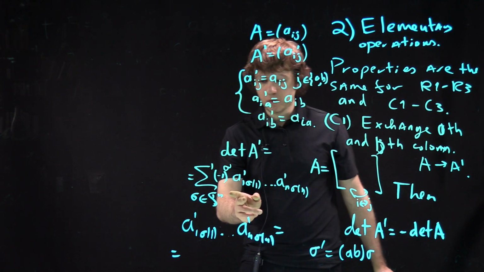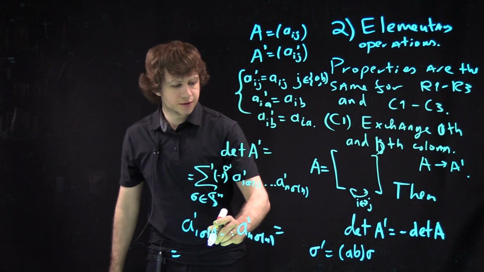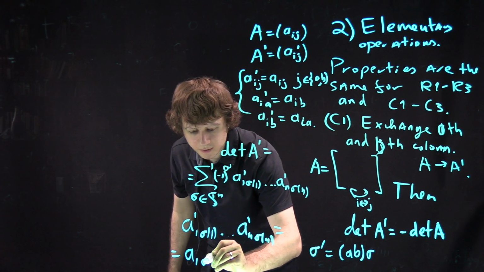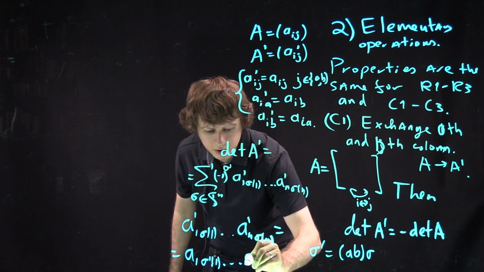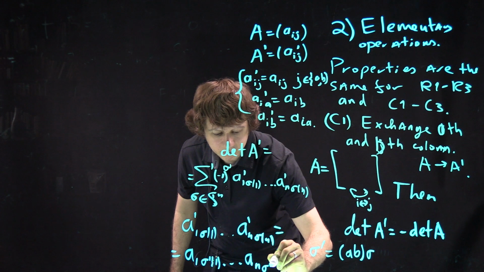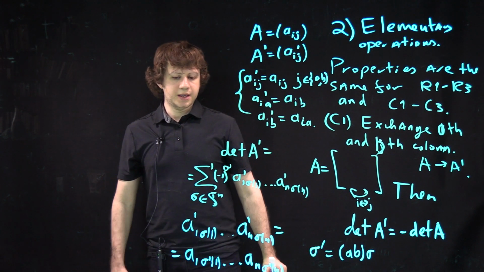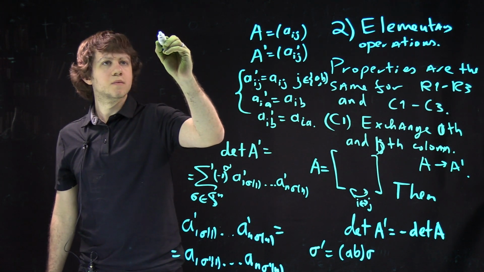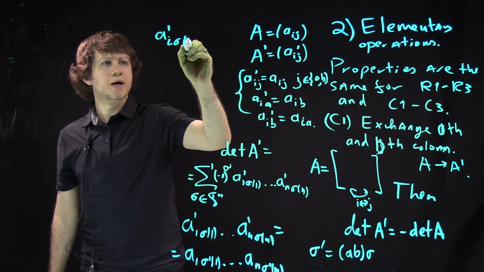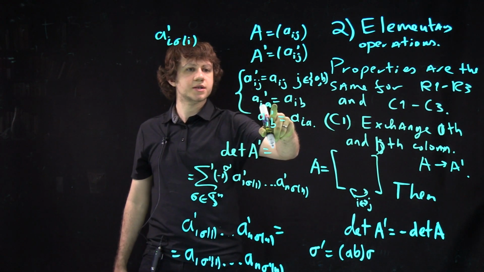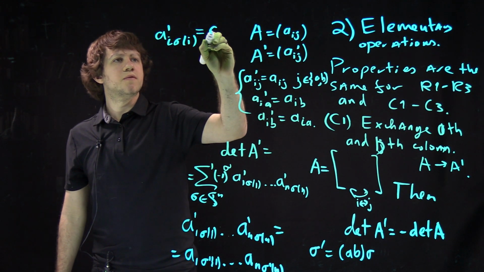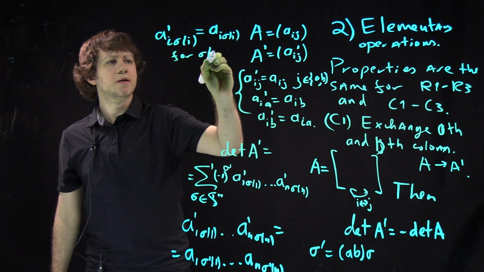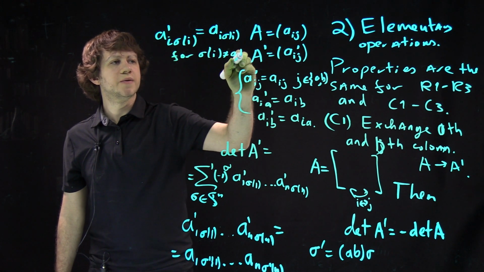Then the claim is that this thing equals A1 sigma prime of 1 and so on, An sigma prime of n. Why is this the case? Let's look term by term. A prime I sigma of I is equal to A I sigma of I for sigma of I not equal to a or b.